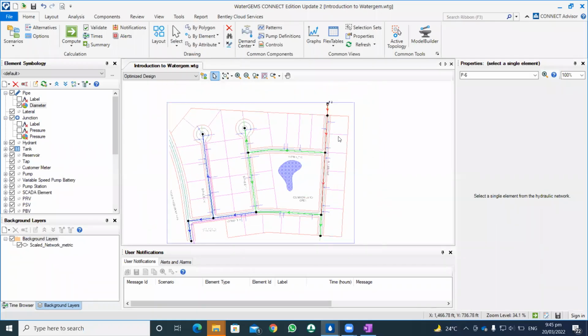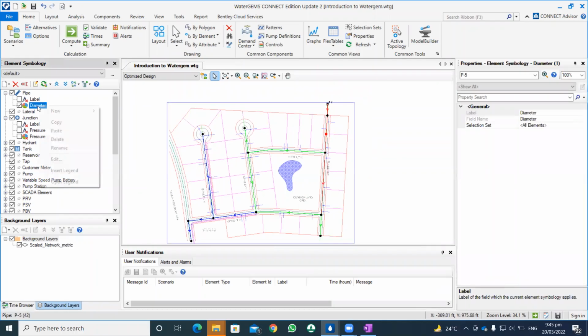So here you can observe that, okay, I want to get the legend as well.